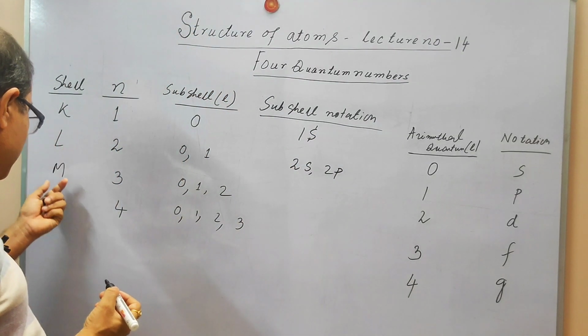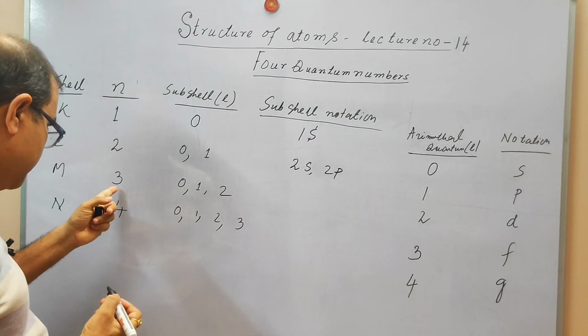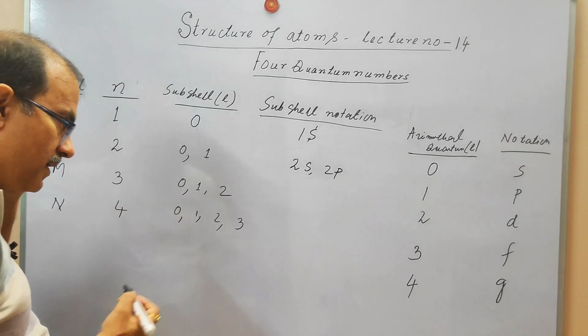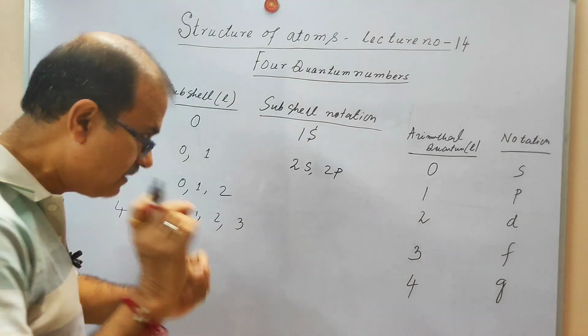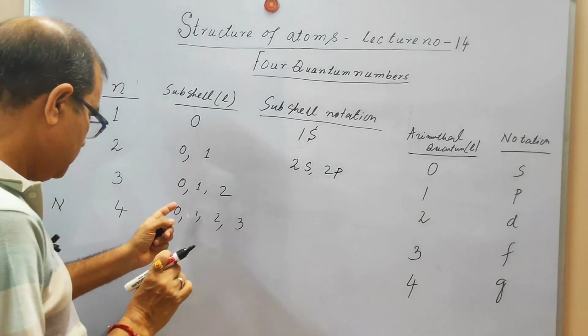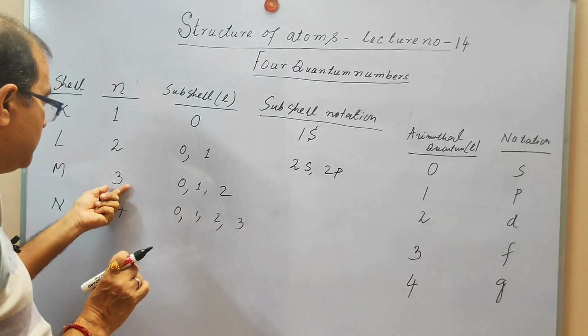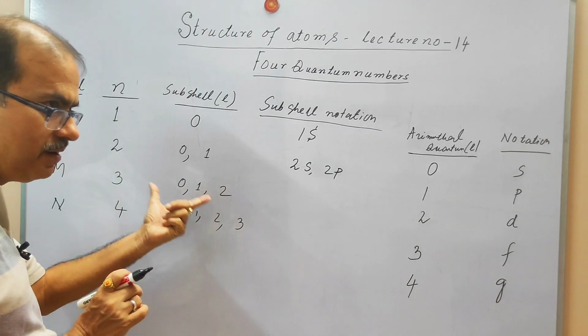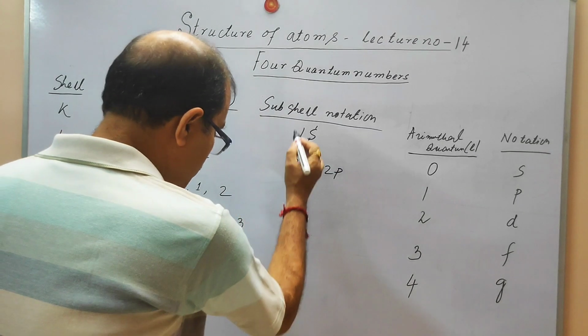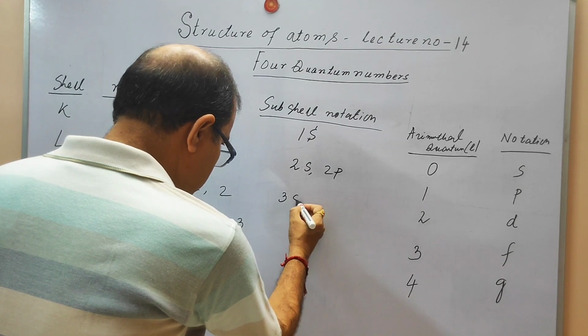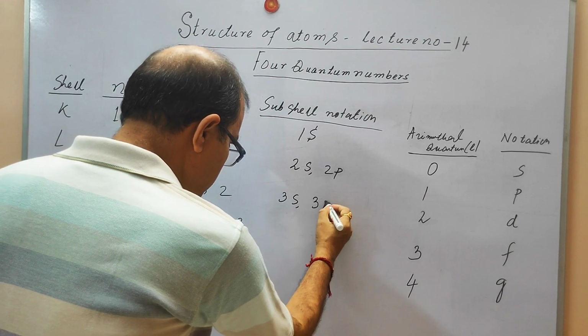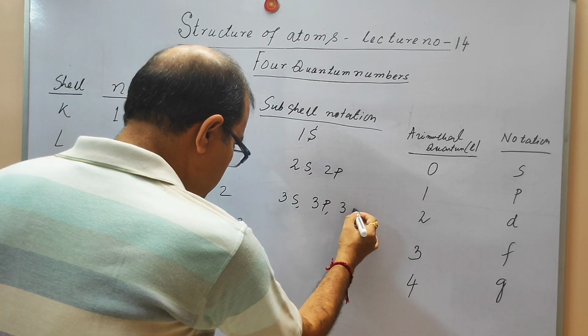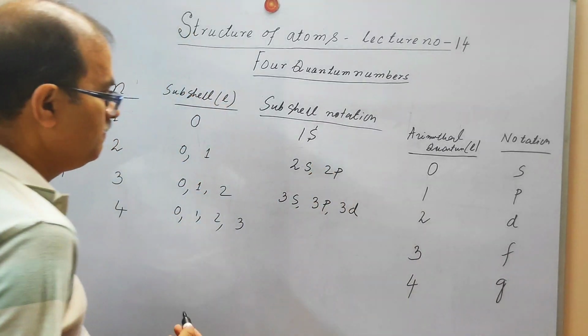For the M shell, with principal quantum number 3, it will have 3 subshells: 3s, 3p and 3d.